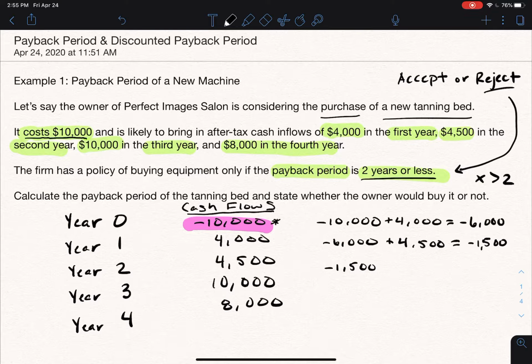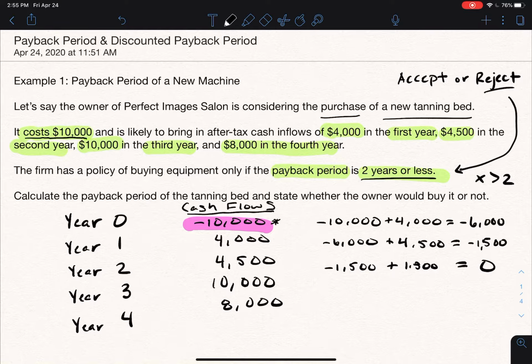Well, that's pretty simple, because if I say, well, what does it take to get me to 0? I think most students would be able to say, well, that's easy, Mr. B, it's $1,500, right? So the question is how much of that $1,500 is proportionate to the full year's earnings for year 3? And so all we have to do is just put it in a fraction.